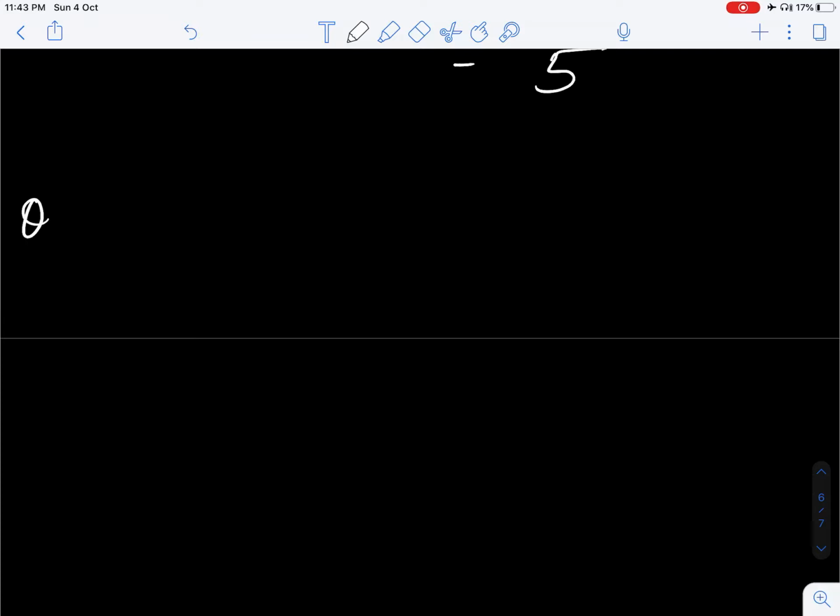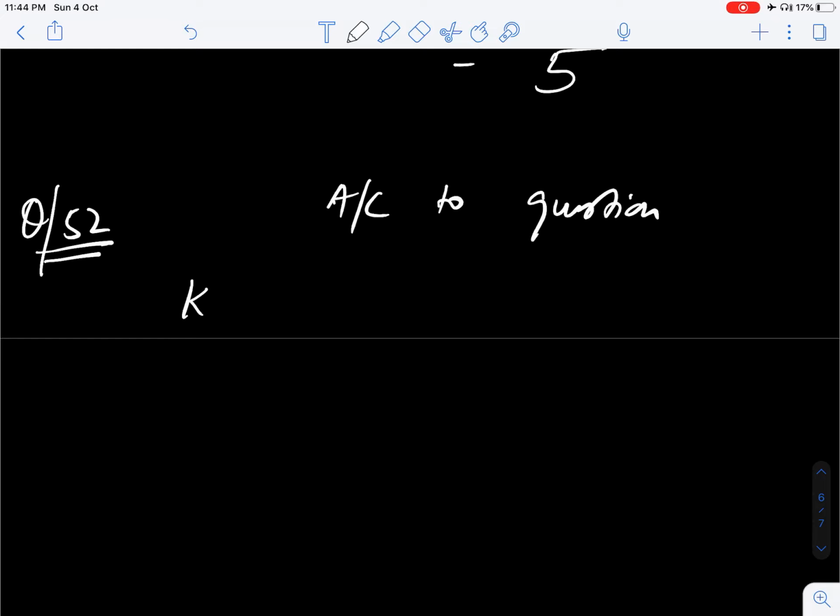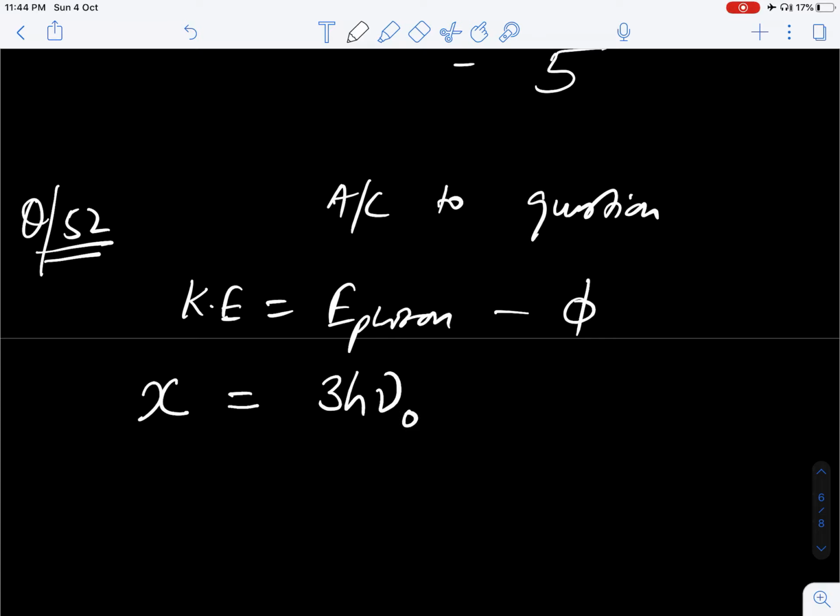Next is question number 52. According to the question, we can write two equations. We know that kinetic energy is equal to energy of photon minus work function. Kinetic energy is given as x, energy of photon is 3h nu naught, and threshold energy is h nu naught.